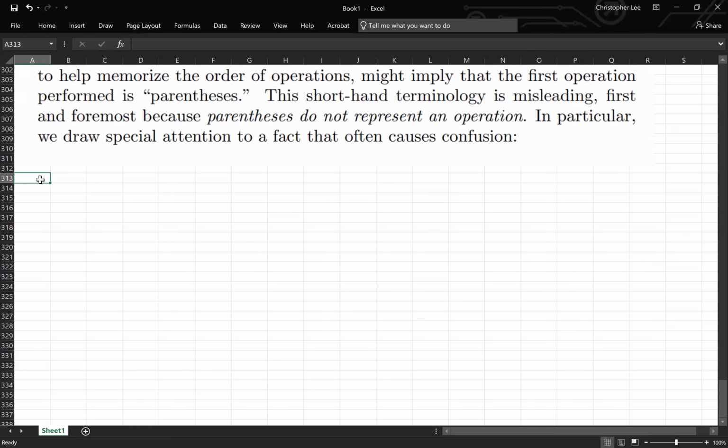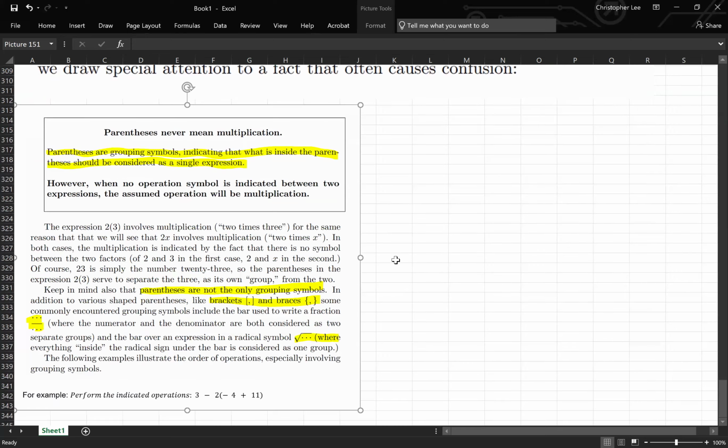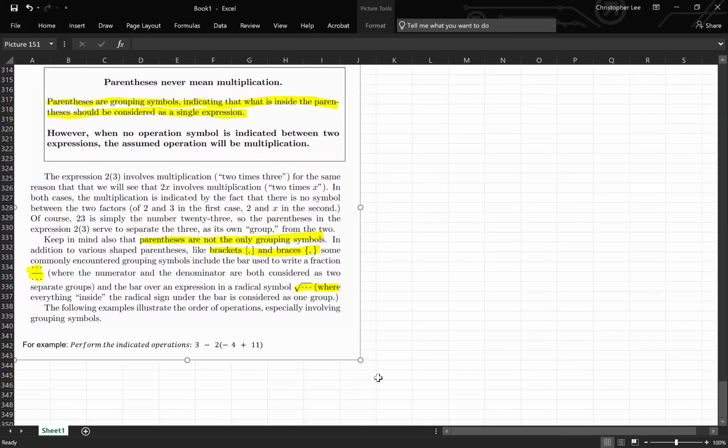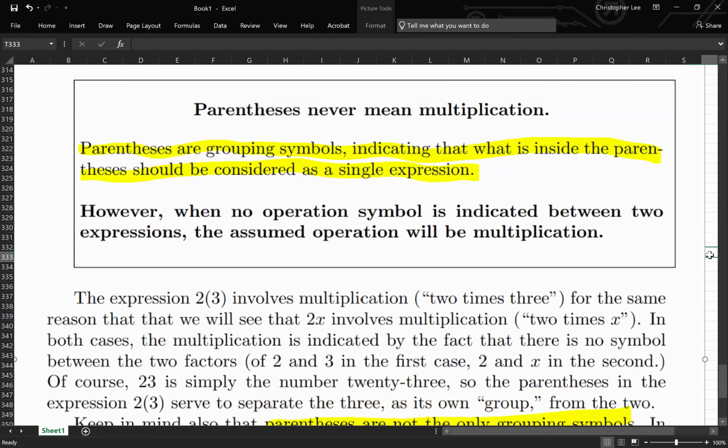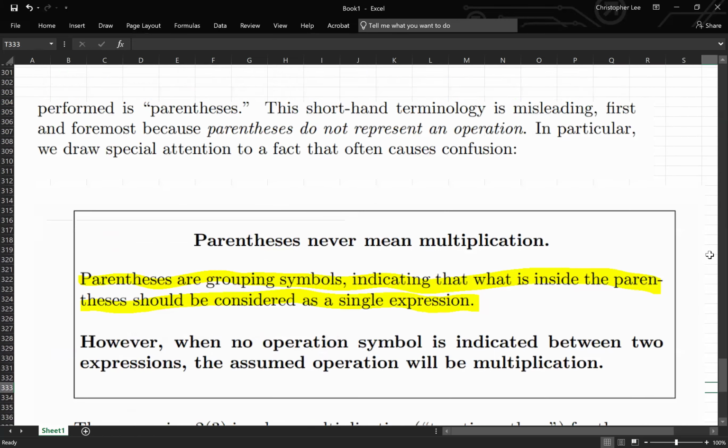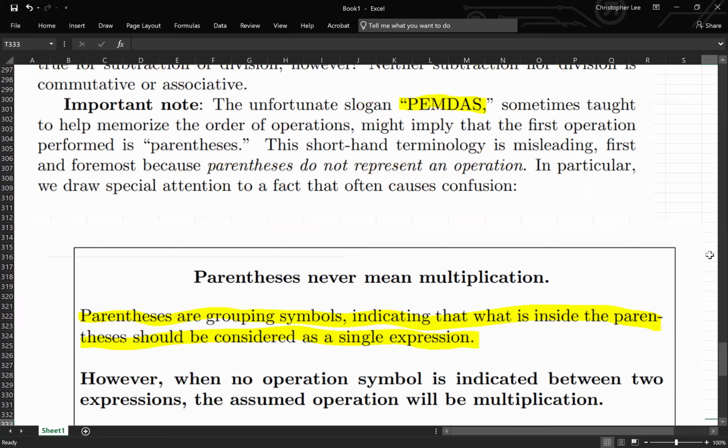This fact always causes confusion: parentheses never mean multiplication. Parentheses are grouping symbols indicating that what is inside the parentheses should be considered as a single expression. However, when no operation symbol is indicated between two expressions, the assumed operation is multiplication.